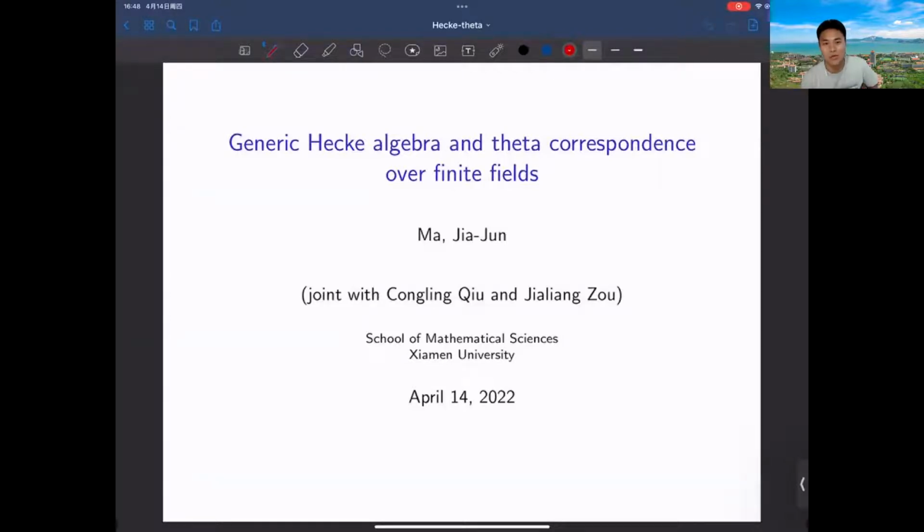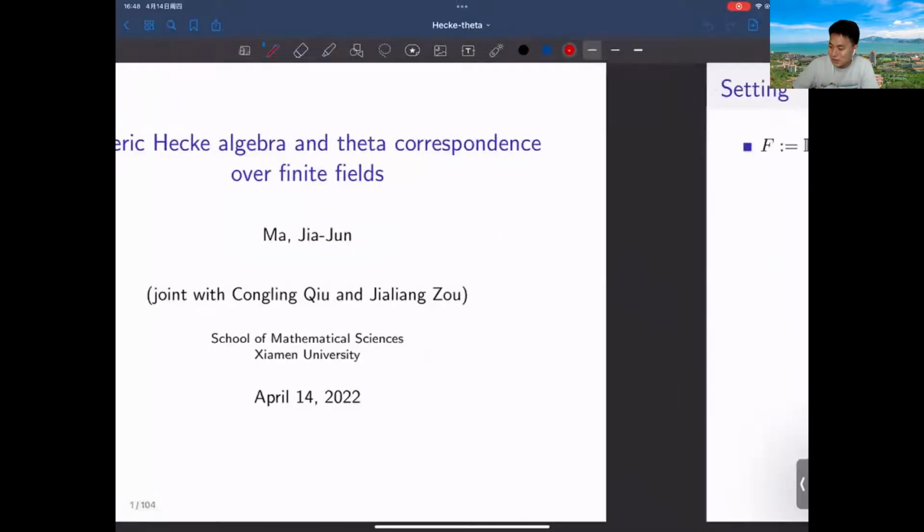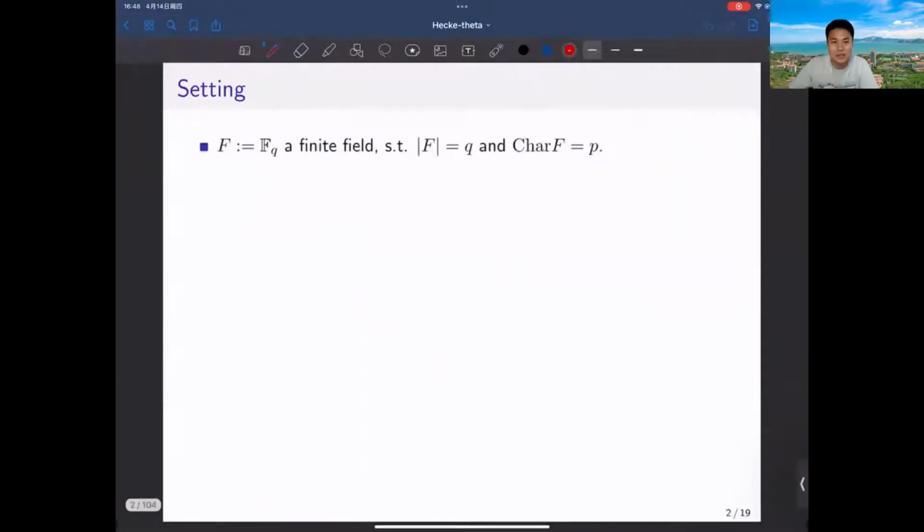So we will focus basically on the part of theta correspondence which is related to generic Hecke algebras of a Weil group, basically type BC Weil group. Okay, so this is the setting. We let F be a finite field with Q elements.